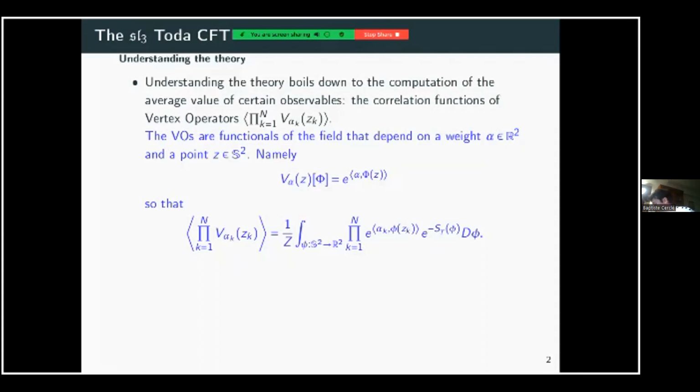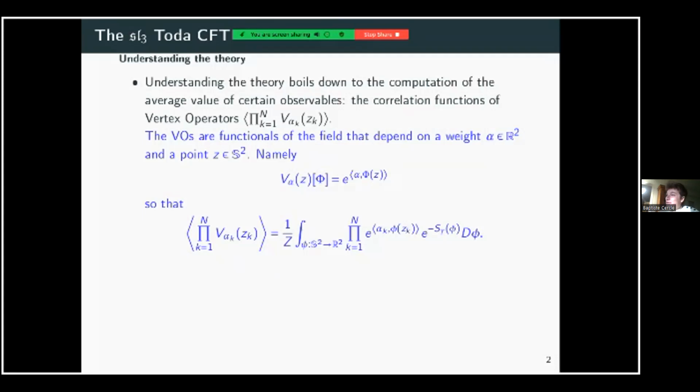And if you want to compute this correlation function of vertex operators, you take this expression of the vertex operators, use the path integral definition, and compute the average of this product of observables with respect to the measure defined above, using the exponential of minus the action.